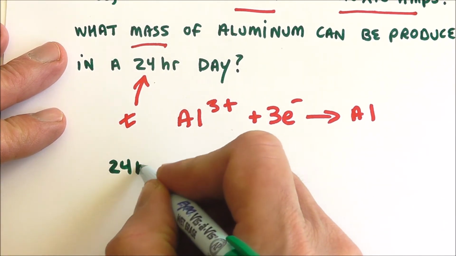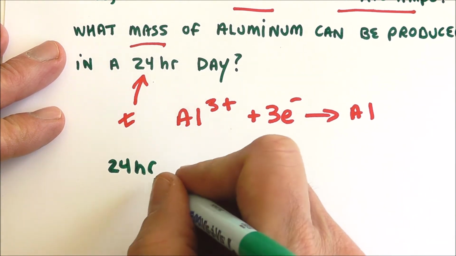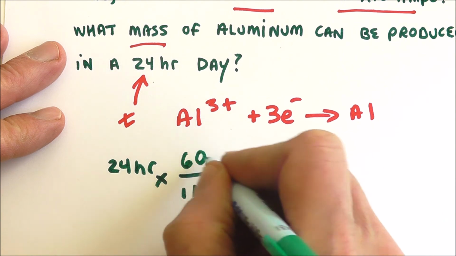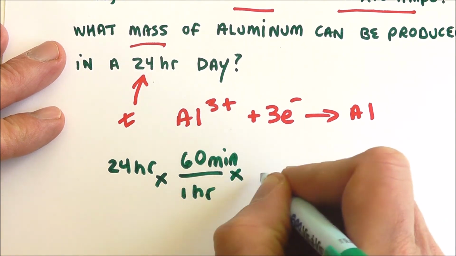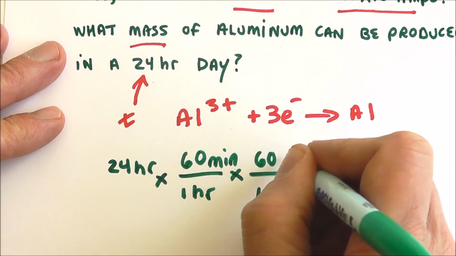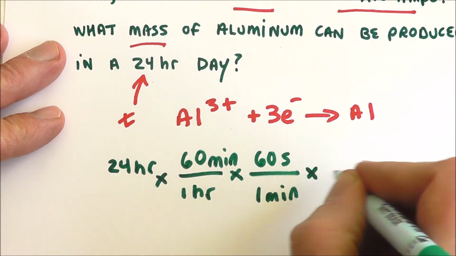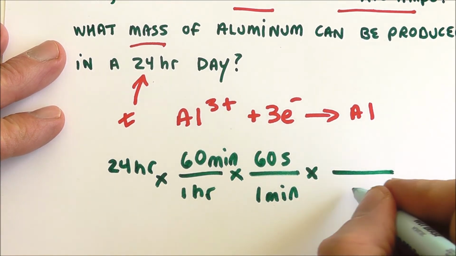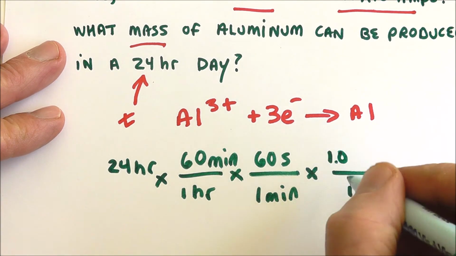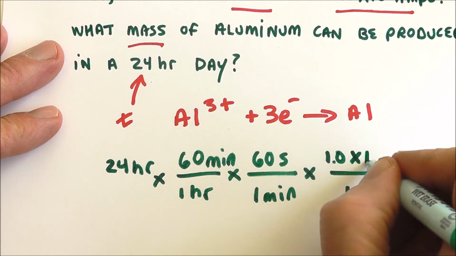All right, 24 hours. And then 1 hour, there's 60 minutes. Hope I'm not losing anybody here. 1 minute, 60 seconds. 1 second, 1.0 times 10 to the 5.